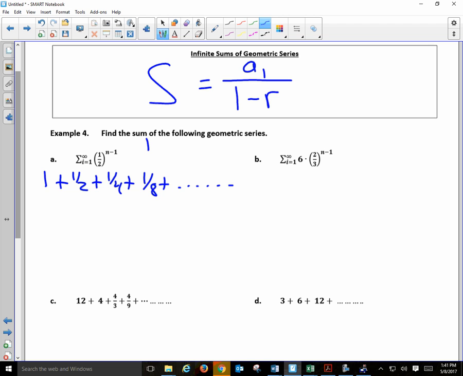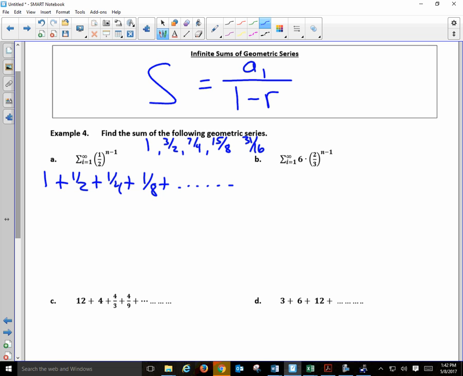We got 1, we got 3 halves, and then we got 7/4, 15/8. And then the next one would be over 16. It would be 31/16. Anybody know what this is going to add to? What are these numbers getting closer to? Yes, they are getting closer to the sum, which is, yeah, getting very close to 2.